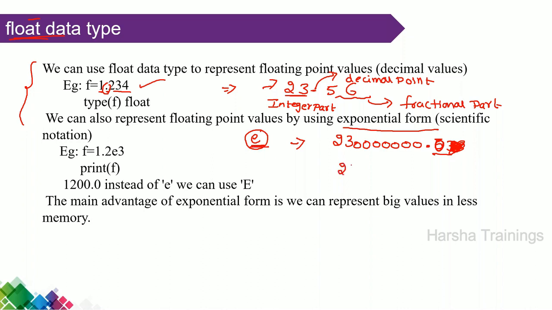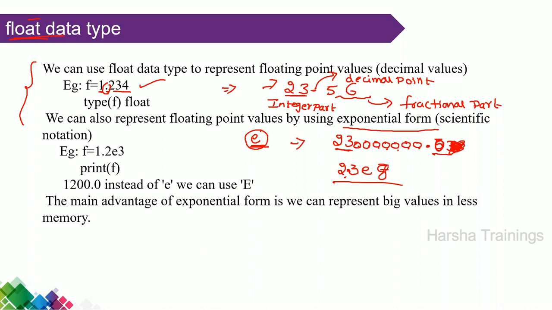Here you can write like this: 23E7 or 2.3E8, whatever it is.